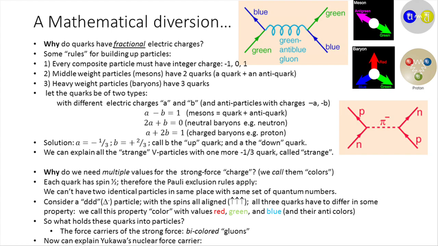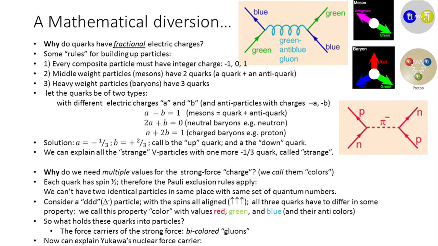If I put a couple equations together and say, okay, A minus B has to be 1 to get this guy. 2 of these plus 1 of those gets me a 0, like that's my neutron. 1 of these and 2 of the other ones gets me 1. If I solve the equations, what do I get? I get minus 1/3 and plus 2/3.